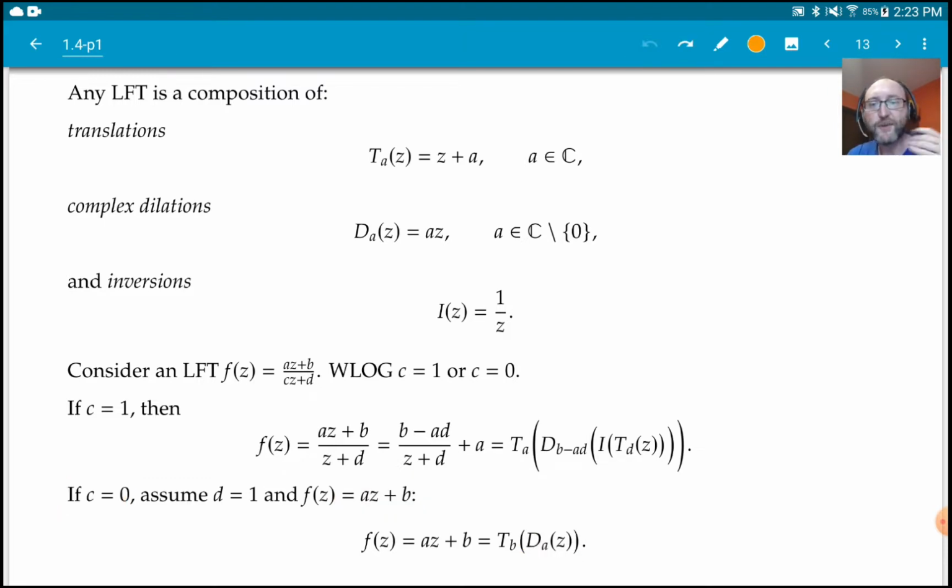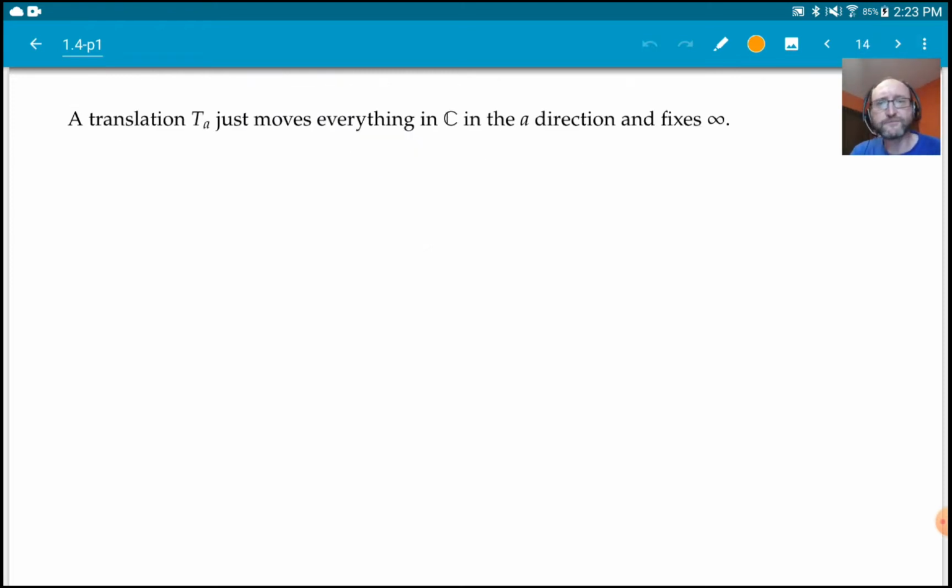So any LFT can be realized by a composition of translations T, dilations d_A, and the inversion I, for different constants. So you only really need to worry about these three guys when you're proving something about LFTs, as long as you know how things behave under compositions.